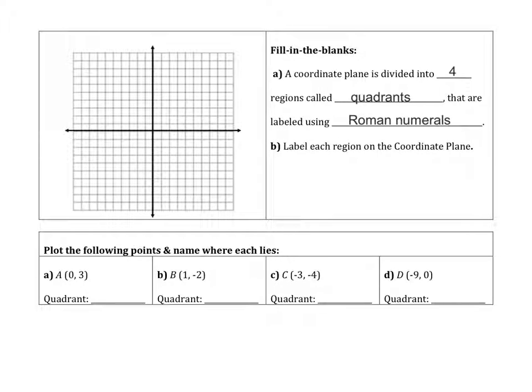So this right here is quadrant 1, that's the Roman numeral for 1, and then you go counterclockwise. Counterclockwise means in the opposite direction of which the clock goes. So again, I'm starting in the upper right hand corner with quadrant 1, and I'm going to the left first for quadrant 2. So this would be quadrant 2, where the negative positive points would lie. Quadrant 3 would be where the negative points lie, and then quadrant 4 is where the positive negative points would lie.